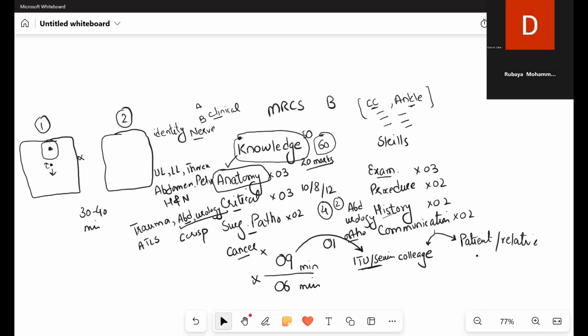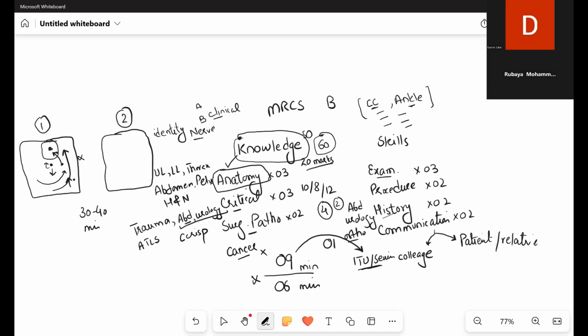There is 1 minute to reach from station one to station two, then one minute to reach the station outside the room, and then your 9 minute timer will start. So there is an ample amount of time, and there are lots and lots of helpers to help you from one station to another. They will guide you. There will be arrows, there will be helpers. They make sure of that, so don't worry.